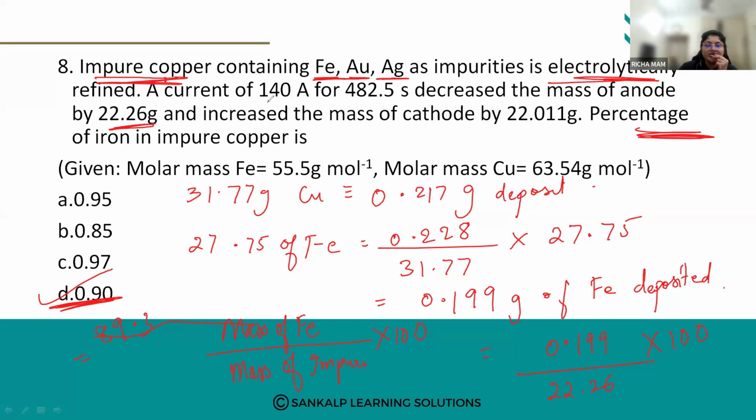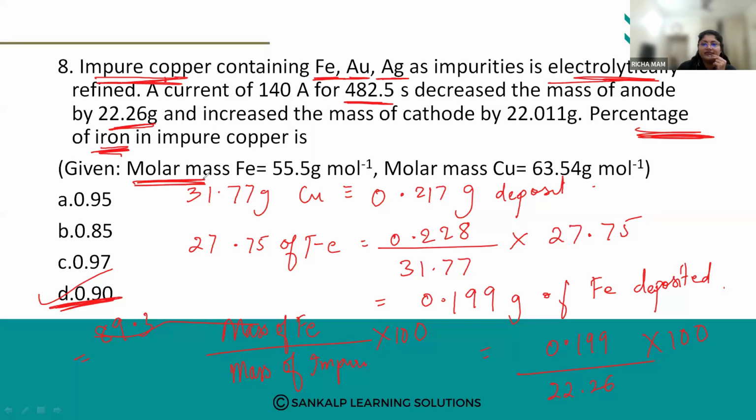Now, after passing a current of 140 ampere for 482.5 seconds, the mass of the anode is decreased and the mass of the cathode is increased by some grams. From that, they want to find out how much percentage of iron is there in that impure copper. First we found the equivalent masses, how much copper is deposited.